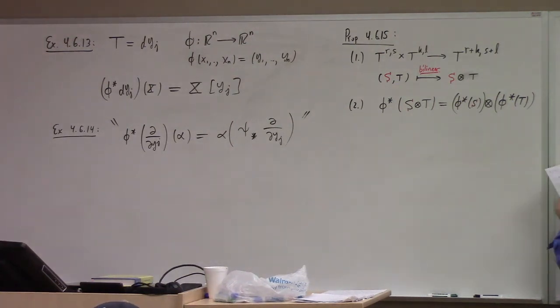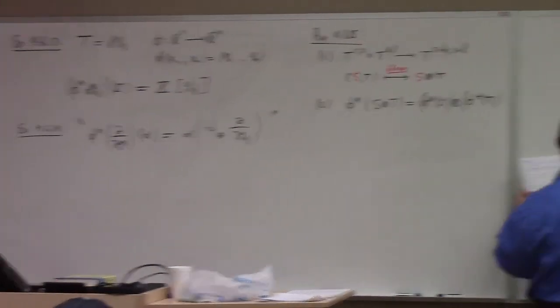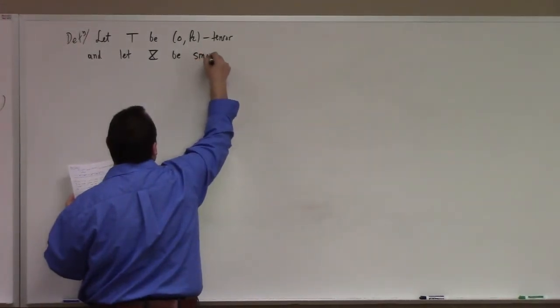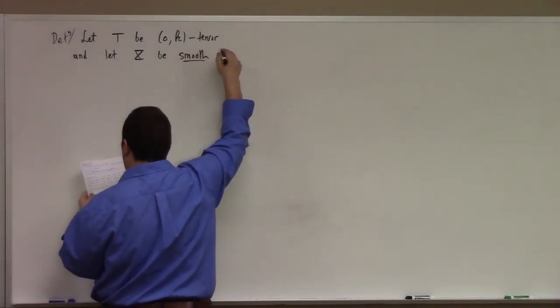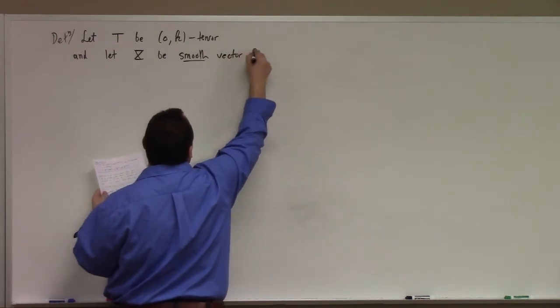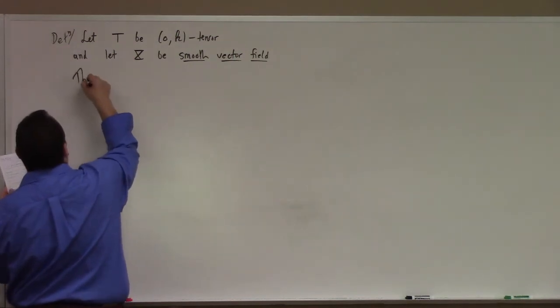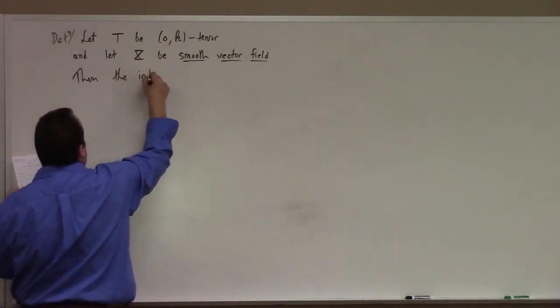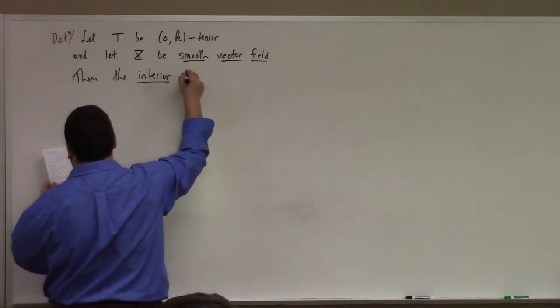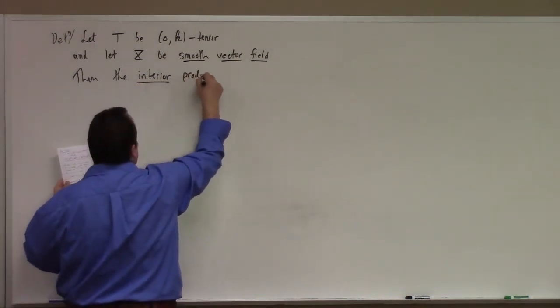I know, it's fine. Let T be a (0, k) tensor, and let X be a smooth vector field, which for us is the same thing. Then the interior product, finally, has a seat at the table because today it cannot be avoided.